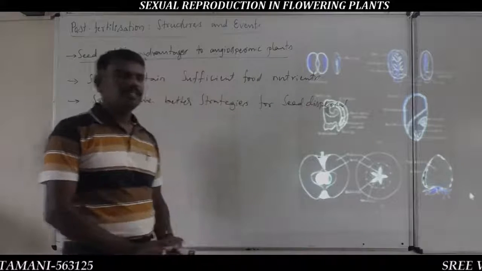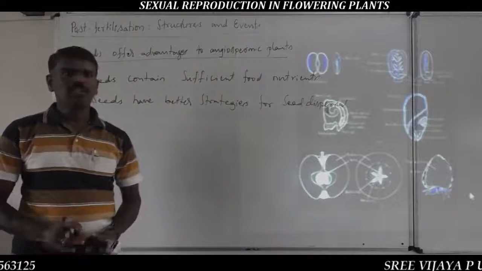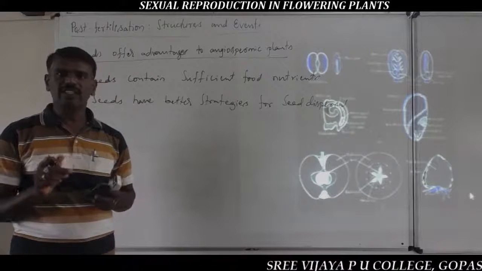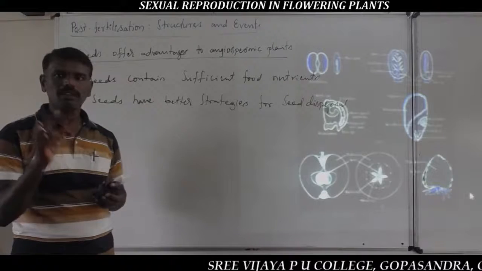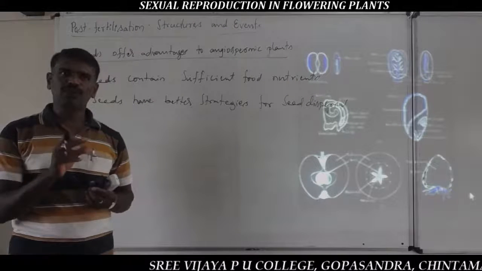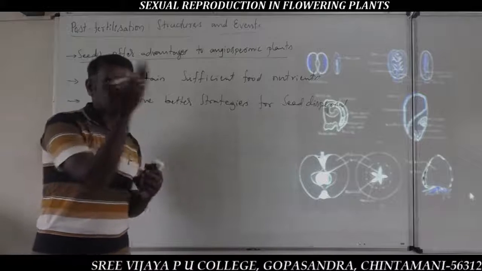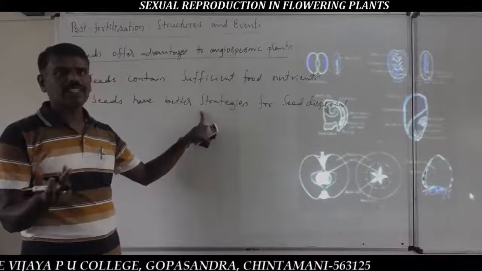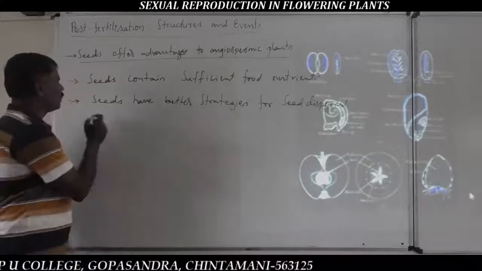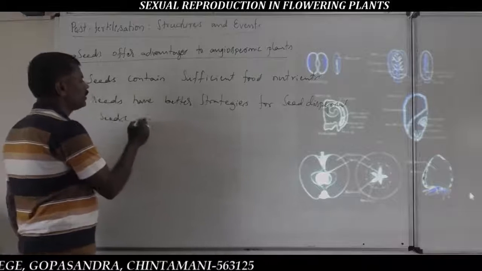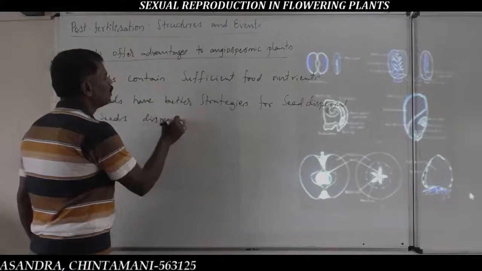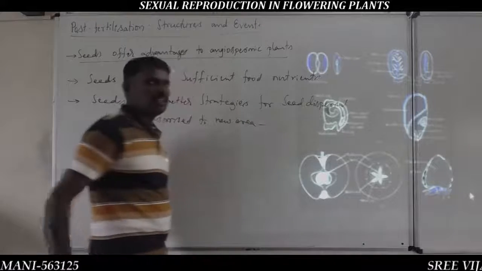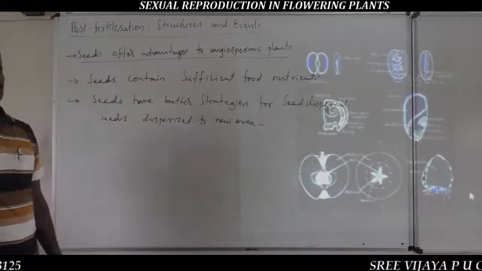For example, certain seeds have small cotton thread-like structures, as in cotton. Because of the presence of those, the seeds are easily dispersed to different areas. So while better strategies are present in such seeds, the seeds are dispersed to new areas, and new species originate and colonize new areas.